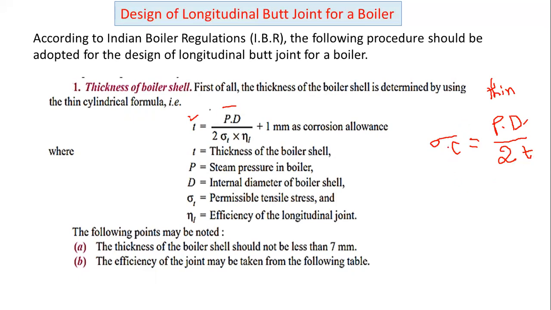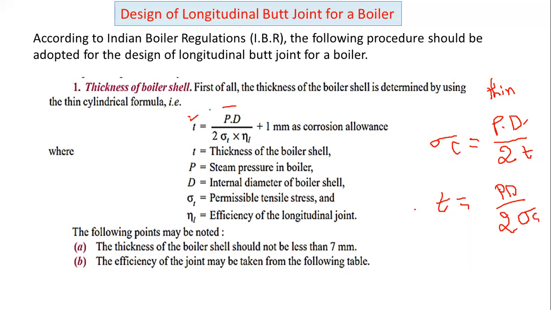Sigma c is the circumferential stress in boiler material. From this formula we can determine the thickness of the cylinder, that is the thickness t equal to PD by 2 into sigma c.